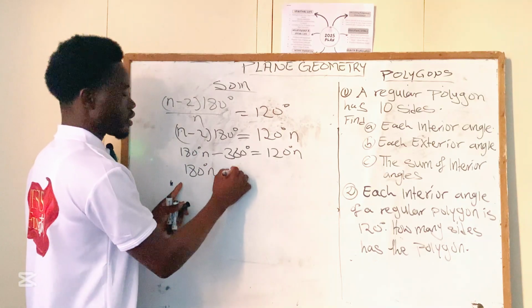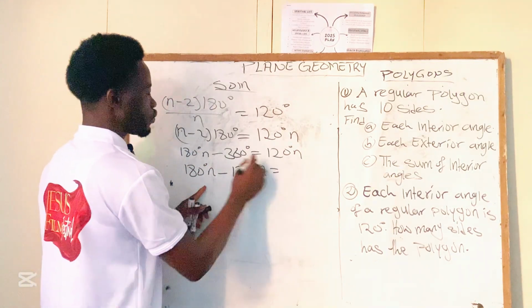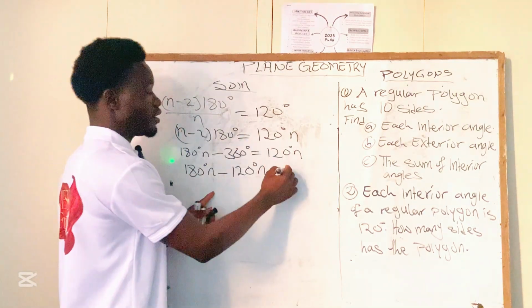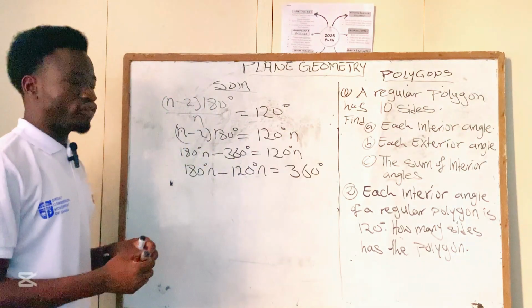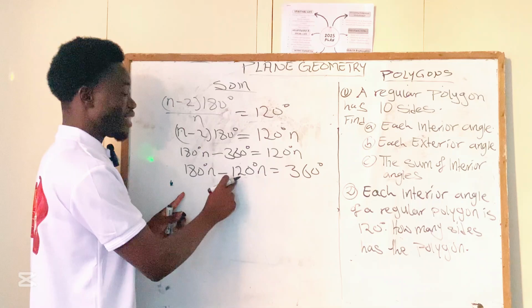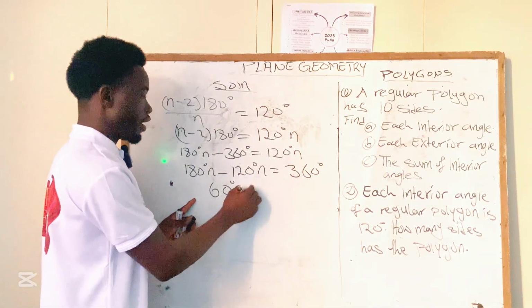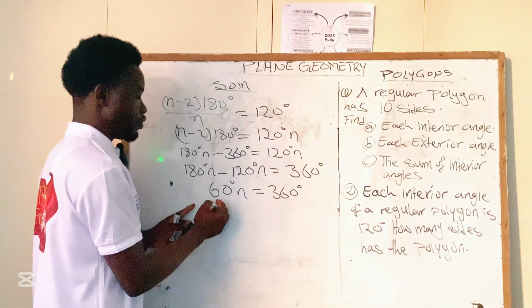So I now subtract, I get 120 degrees n, which is equal to 360 degrees here is negative. Coming in here, the right hand side will be positive. So you subtract 180 minus 120, which is going to give you 60 degrees n, which is equal to 360 degrees.